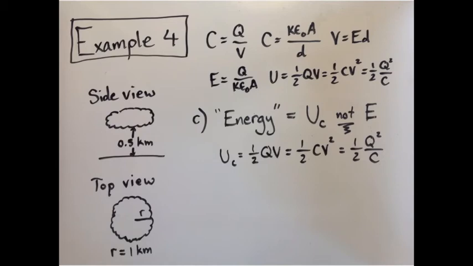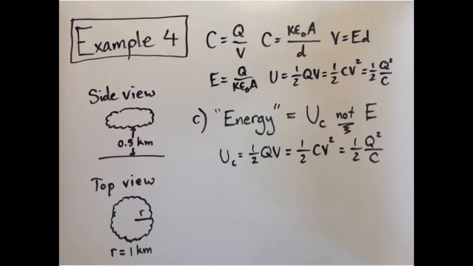It's not necessarily a tricky thing, but sometimes that psychs people out a little bit. They look at the 3 equations and they're like, oh, I have 3 ways to find energy. Do I need to use all of them? No, the reason there's 3 is so that you can pick your favorite. Or perhaps pick the one which is easiest, is most convenient, is based on the stuff you already know.